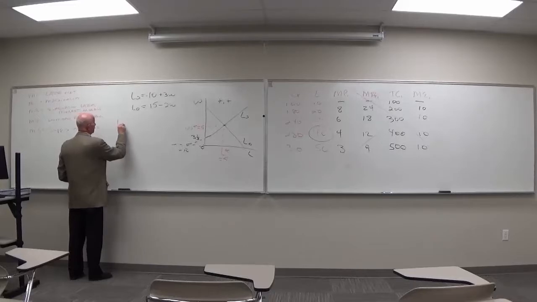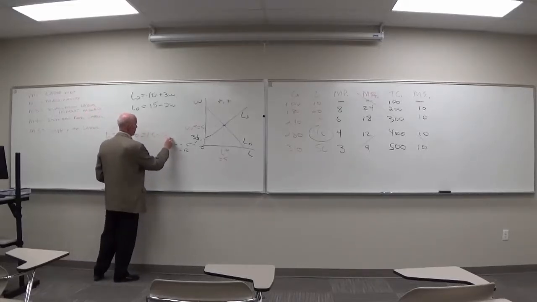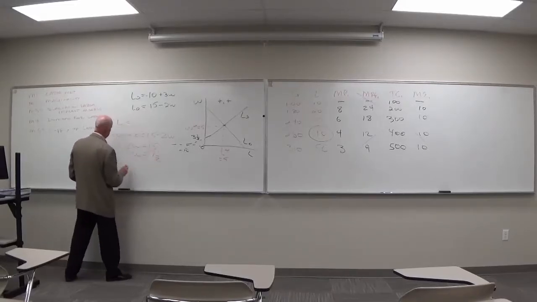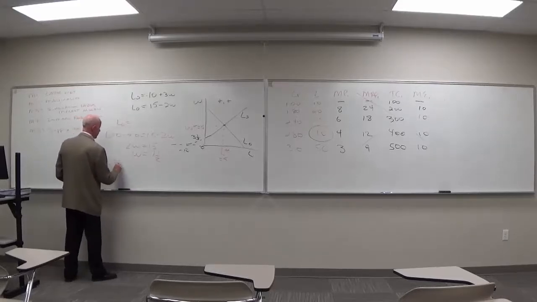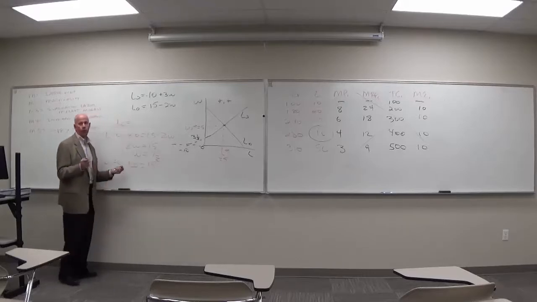So for LD, we're going to say when L is equal to 0, then 0 is equal to 15 minus 2W. 2W is equal to 15. W is equal to 7.5. When W is equal to 0, LD is equal to 15 minus 2 times 0, or 15.